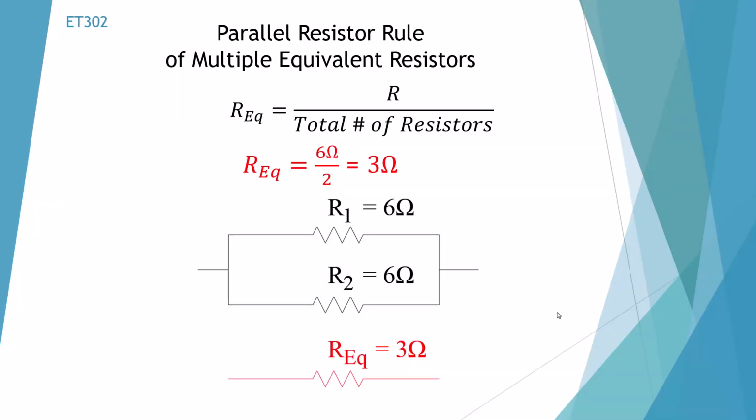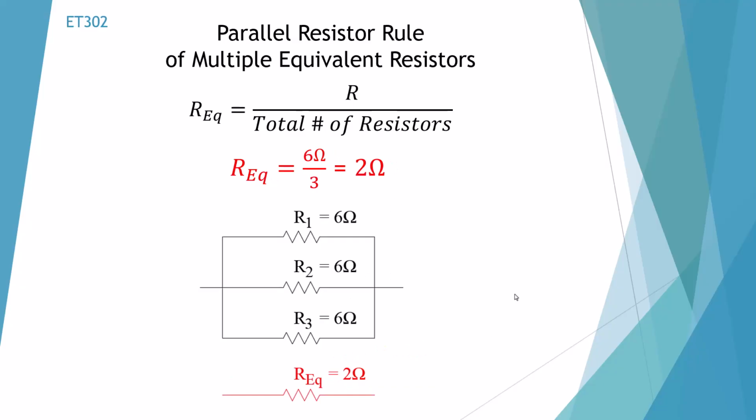Here I have another simplification rule, the parallel resistor rule of multiple equivalent resistors. Anytime we have equivalent resistors, and they must be equal, we can use that resistance and divide it by the total number of resistors. Here we have 2 6 ohm resistors, so we're going to have an equivalent resistance of 3 ohms.